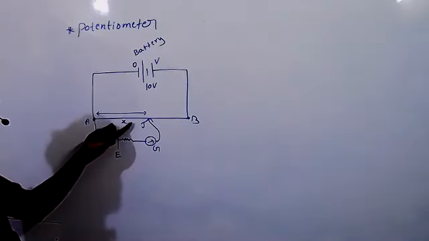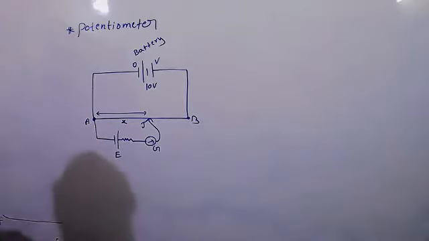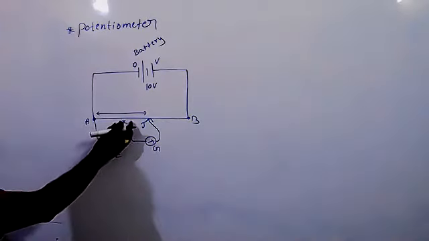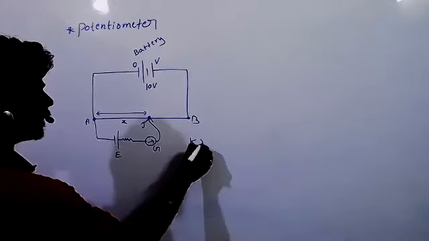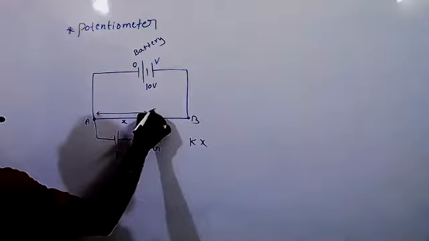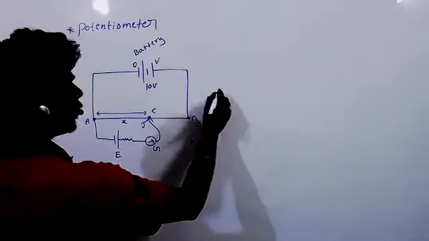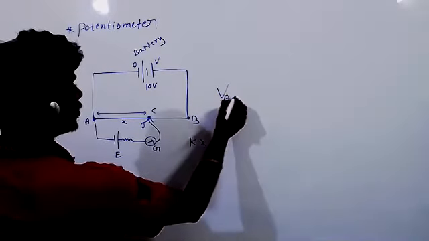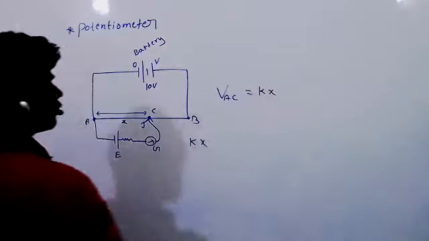Then what is the potential drop here? Kx, right? So take it as C. So the potential drop between A and C equals K into X.